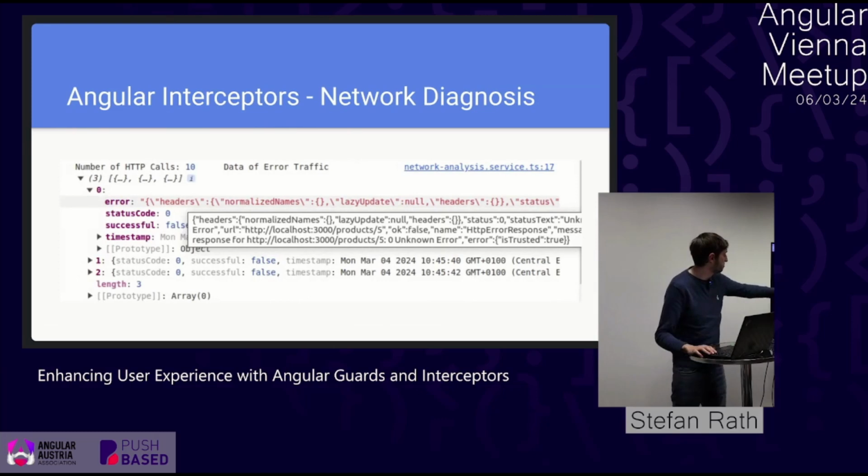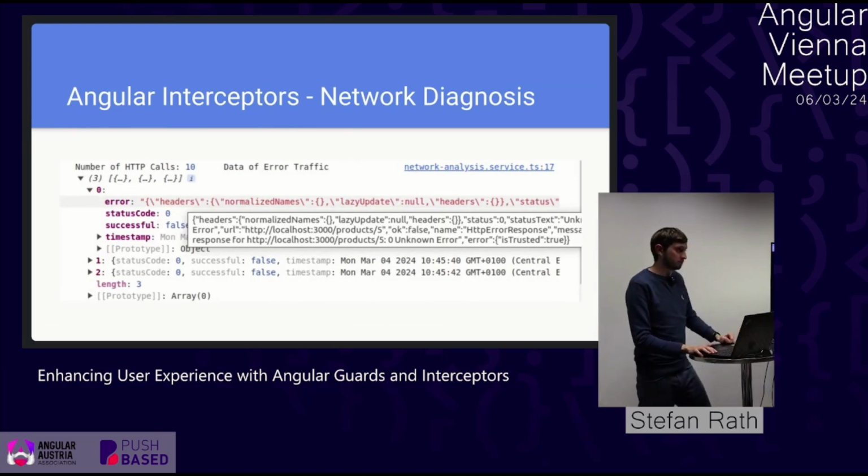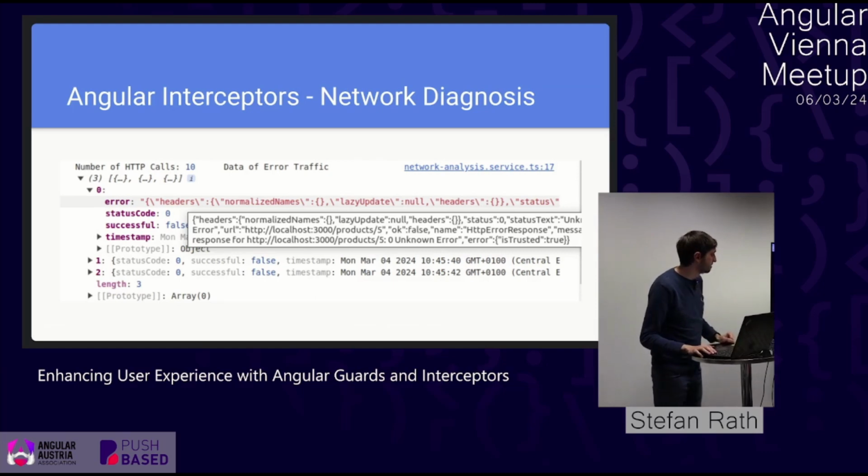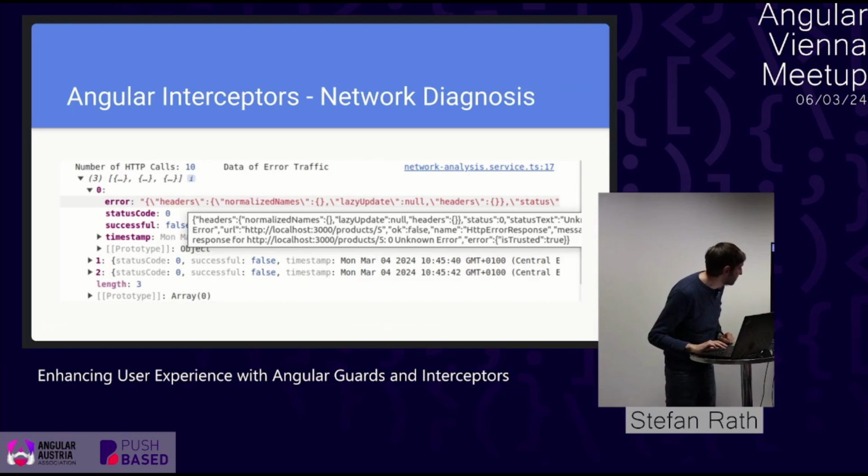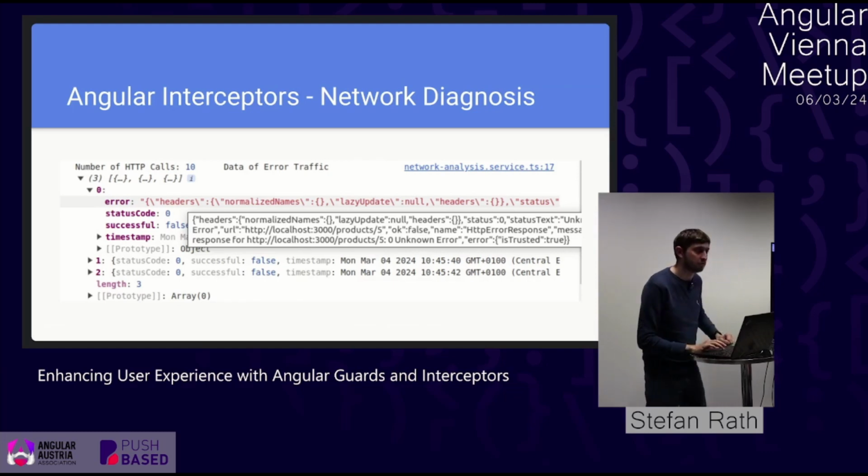And here you can see we have 10 HTTP calls and 3 errors. We should do some diagnosis, because in this case we have a status called 0, which means the backend isn't even reachable. And if you have a great monitoring tool, it won't even catch this one.